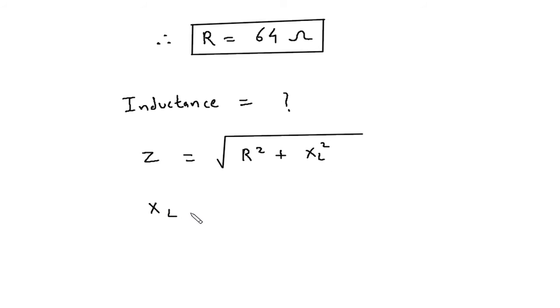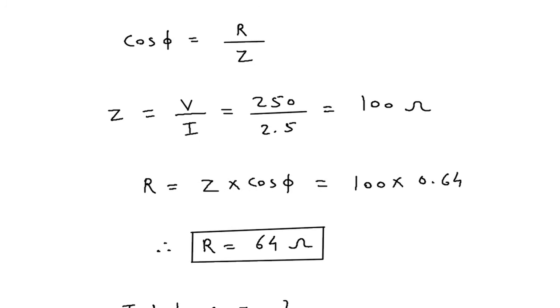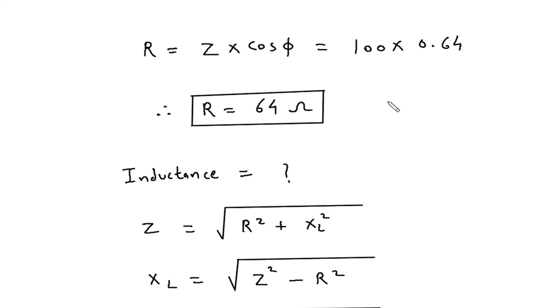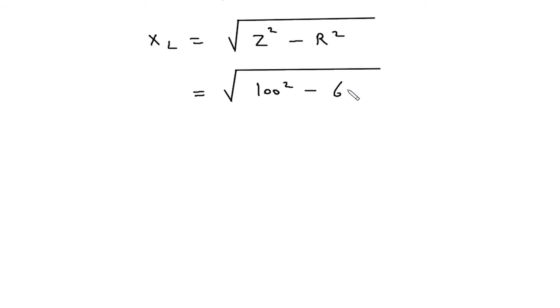So therefore XL is equal to under root of Z square minus R square. So therefore under root of Z square will be, the value of Z is 100. So 100 square minus R square is 64, so this will be 64 square and this will be the value of XL.